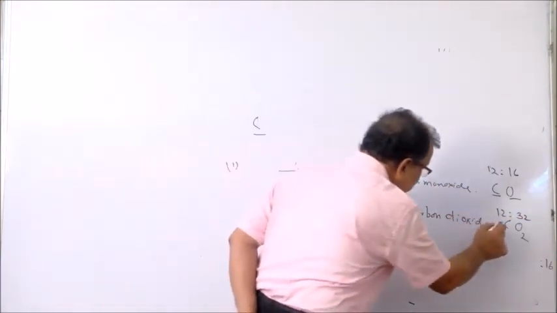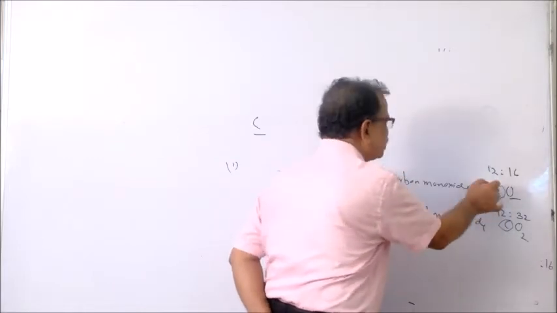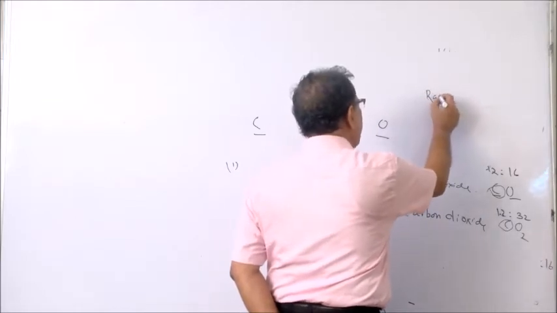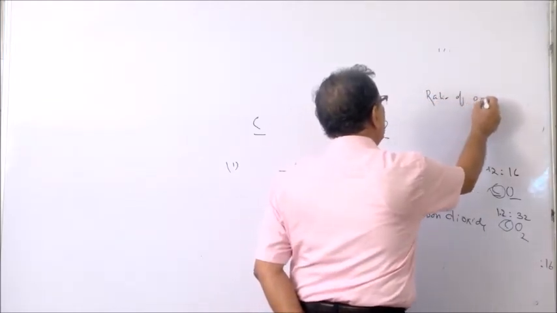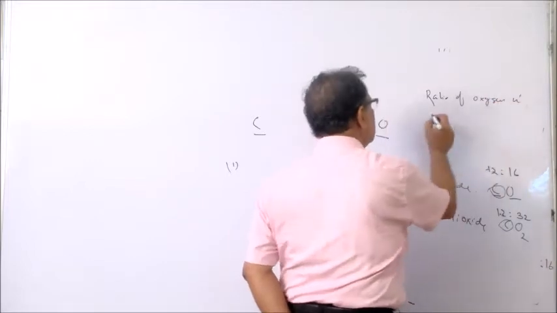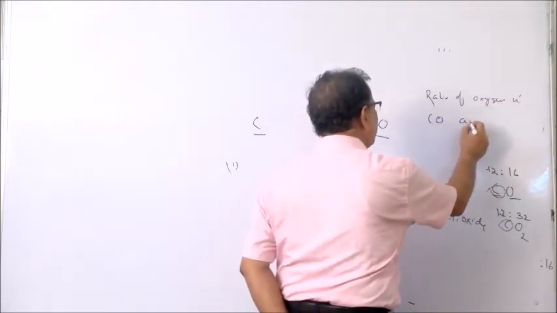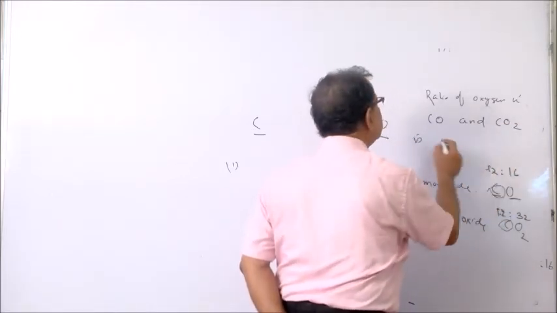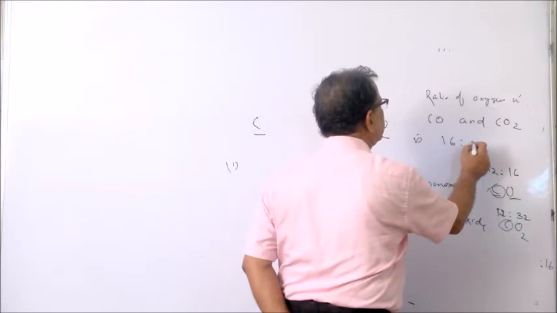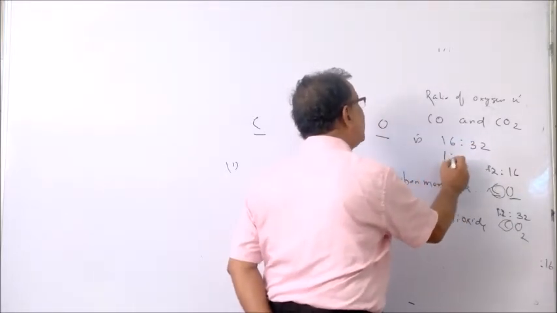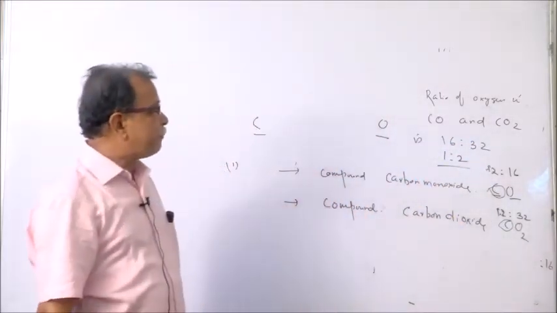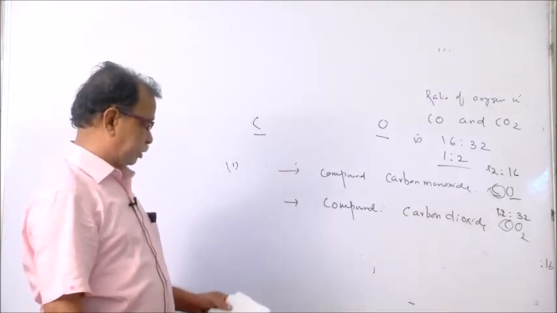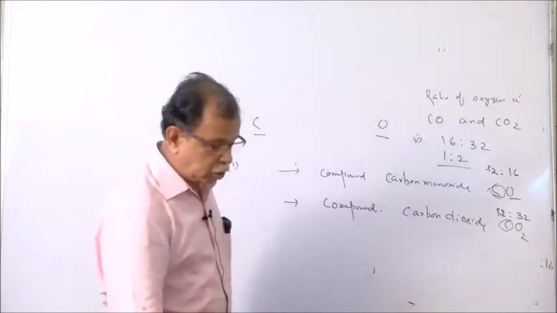Keeping the mass of carbon constant at 12, the ratio of oxygen in the two compounds is 16 is to 32, that is 1 is to 2. That is a simple whole number ratio. So this is the law of multiple proportion.